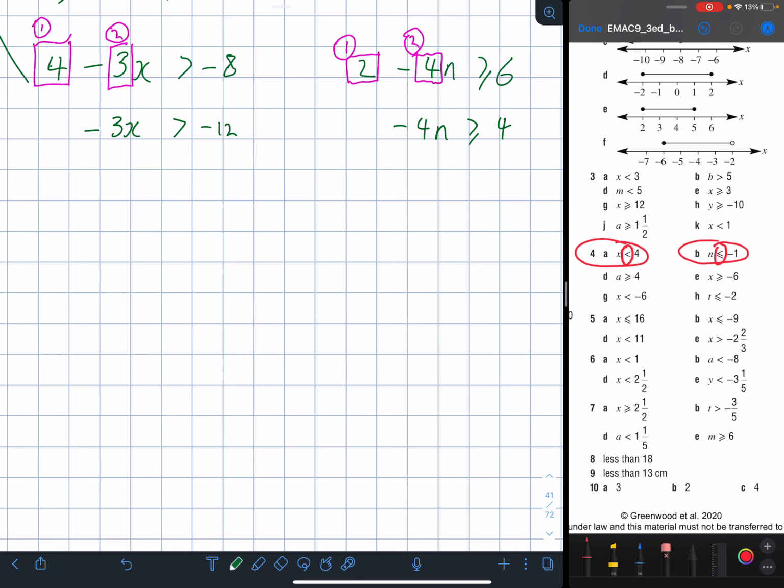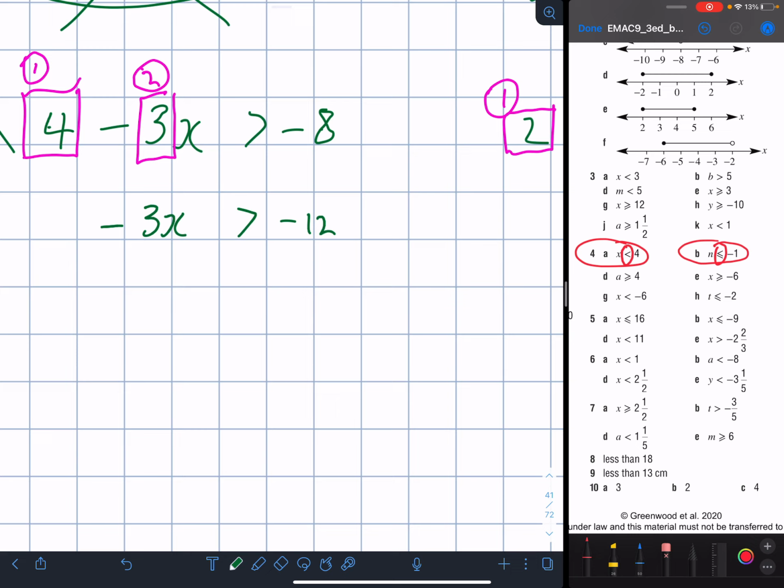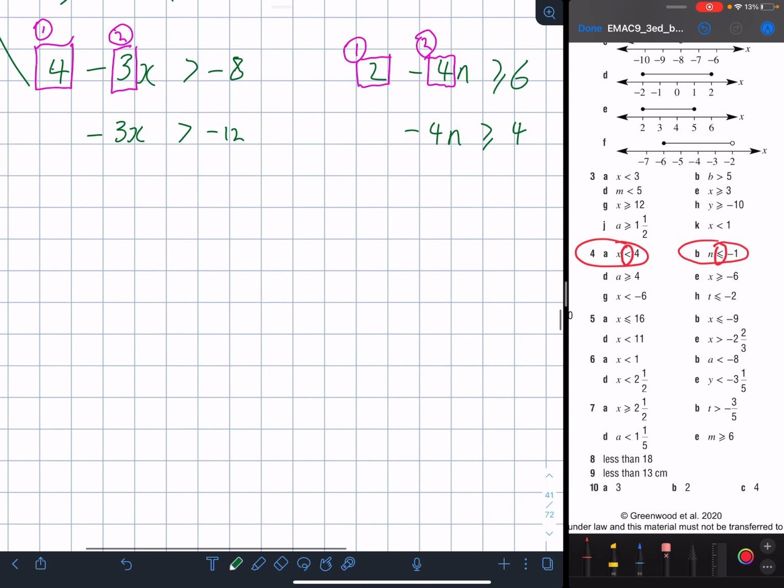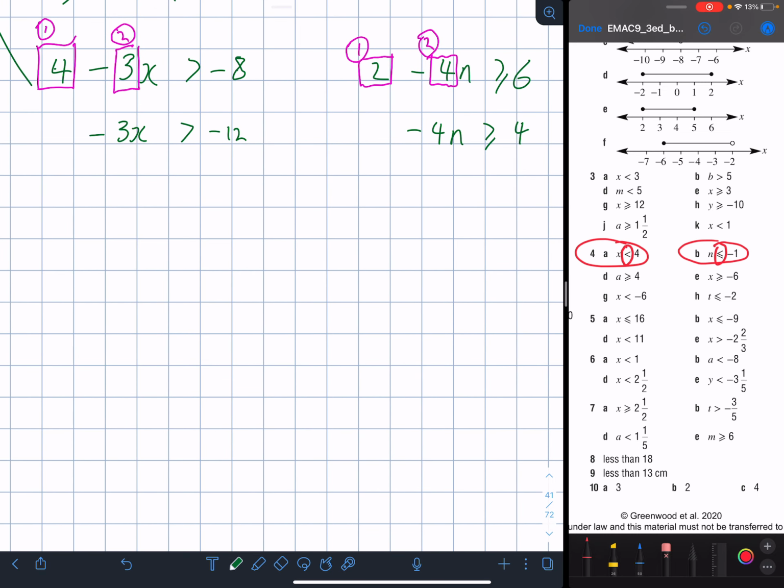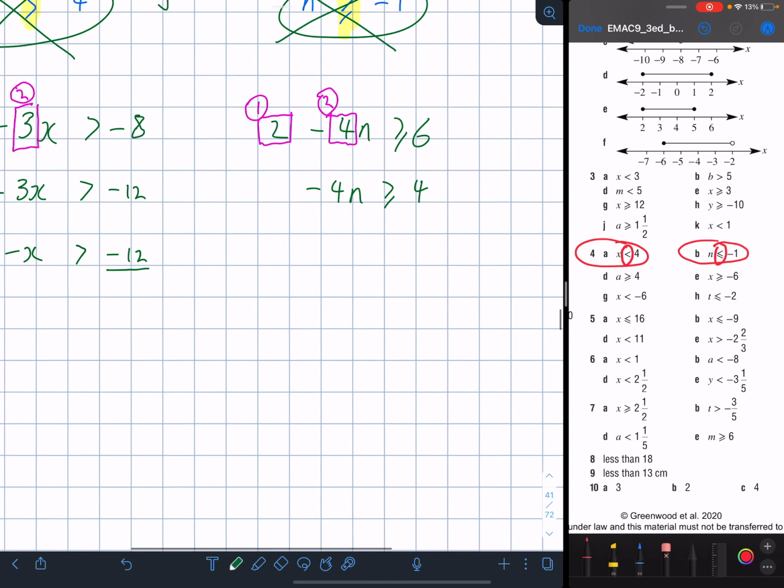Okay, now let's go down to our second step. So we're just trying to get rid of our 3 on the left-hand side. Okay, so how do we get rid of the 3? We need to divide both sides by 3. Okay, so it will become -3x divided by 3 will become -x, which will give us -12 divided by 3.